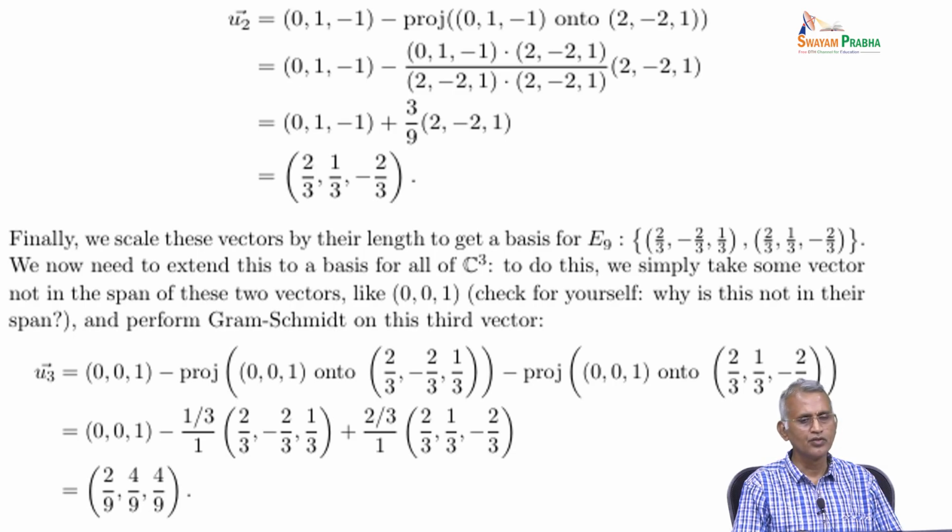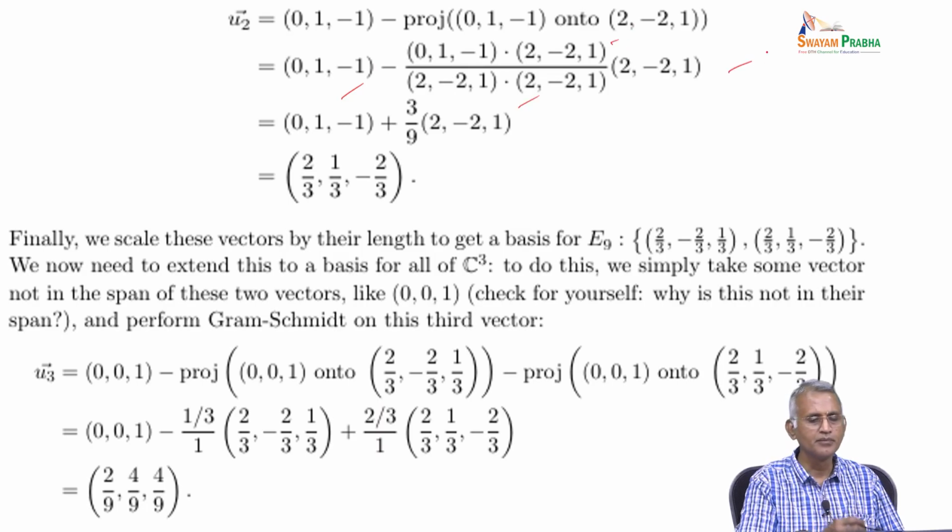You know the formula for u2 in the Gram-Schmidt orthogonalization process: u2 minus the projection of u2 on u1, so that we have the inner product of u1 and u2 divided by the norm of u1 squared, times u1. So, take 0, 1, minus 1, and then do the inner product, find the norm and simplify.